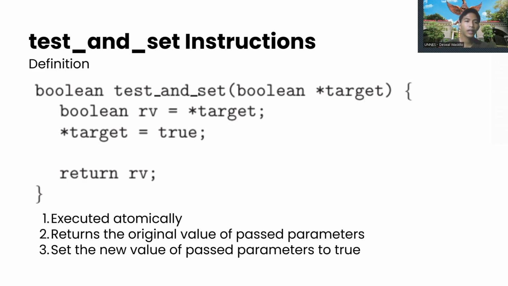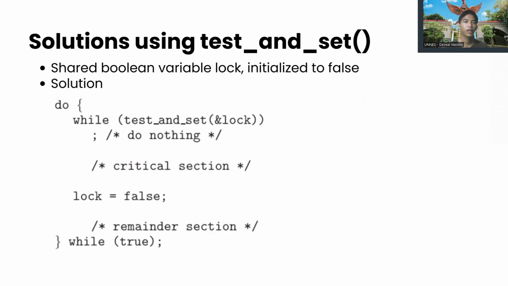So the test and set instruction executes atomically, returns the original value of the passed parameter, and sets the new value of the passed parameter to true. And the solution using test and set: the Boolean variable lock is initialized to false.